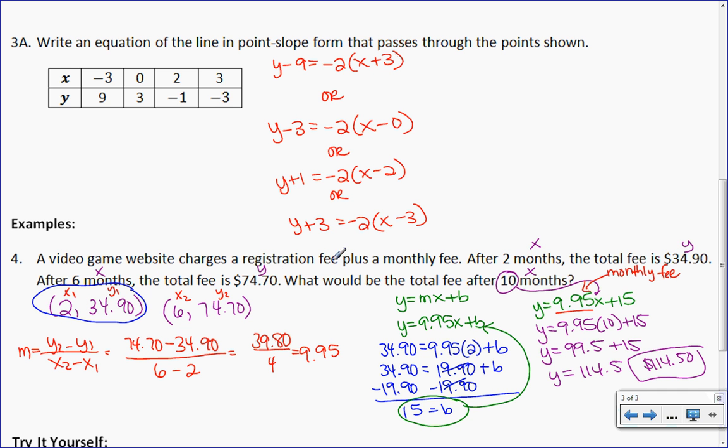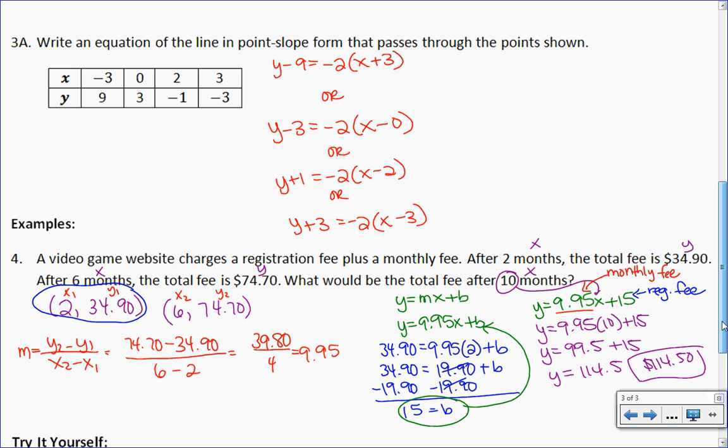So the registration fee is paid as a flat fee, and then you also pay a certain amount per month. So this is the registration fee. And now this equation might make a little bit more sense. So you pay $15 for registration, and you also pay $9.95 per month. See how that all fits together? And then for 10 months, it's a charge of $114.50.